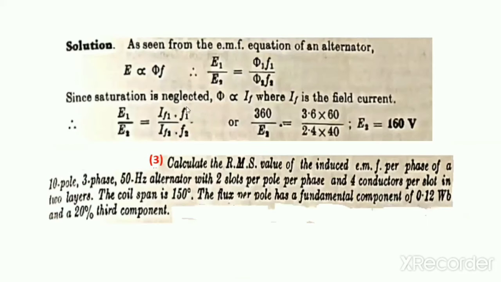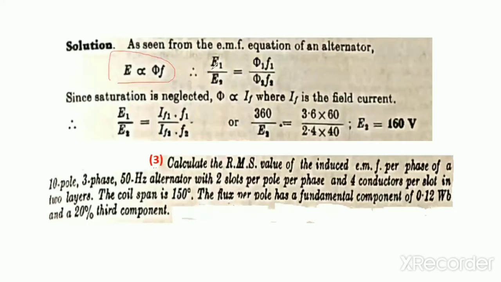Determine the open circuit EMF when the frequency is 40 hertz and the field current is 2.4 amperes. We already know the relationship between the EMF and the flux: E is directly proportional to phi into f.